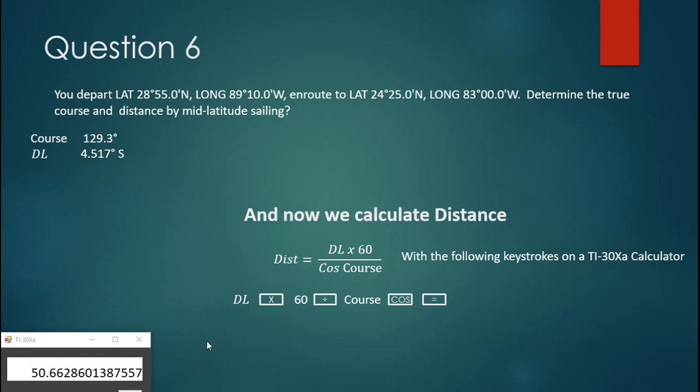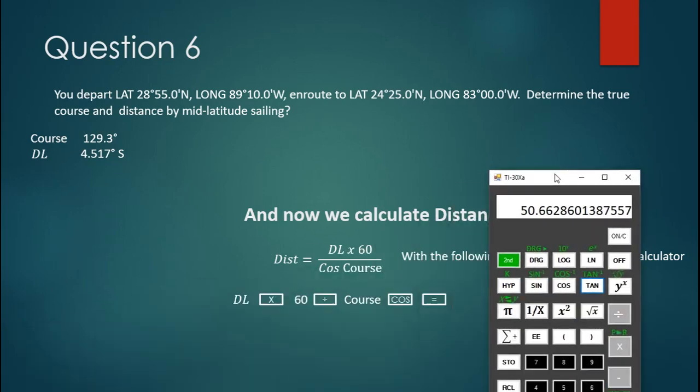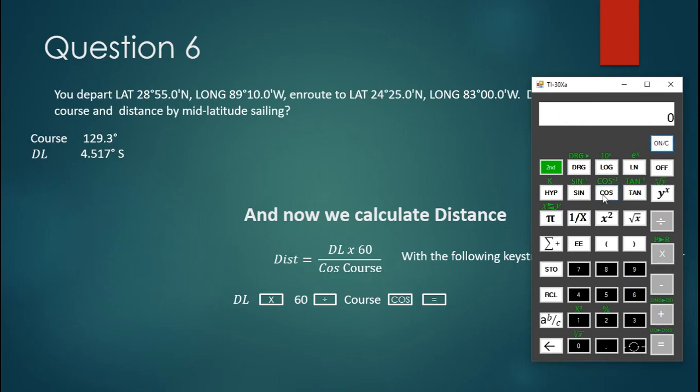So let's bring our calculator back up, clear that out, and we'll say our DL is 4.517 times 60 divided by the cosine of the course, which is 129.3, equals.